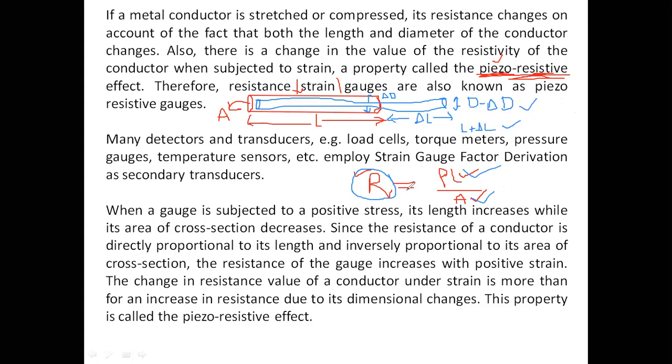Generally, I use these strain gauges in bridge circuits to measure the input and convert it into an electrical signal, voltage or current. Mostly it's converted into current, not voltage.